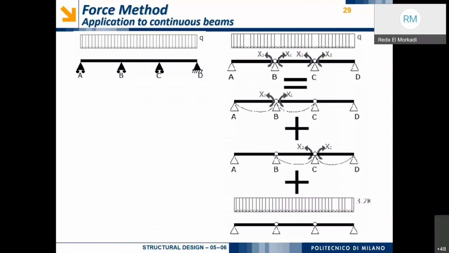Perfect. So I would like to complete the analysis of the force method by showing you the main application in the practice of the force method. So the application to continuous beam.